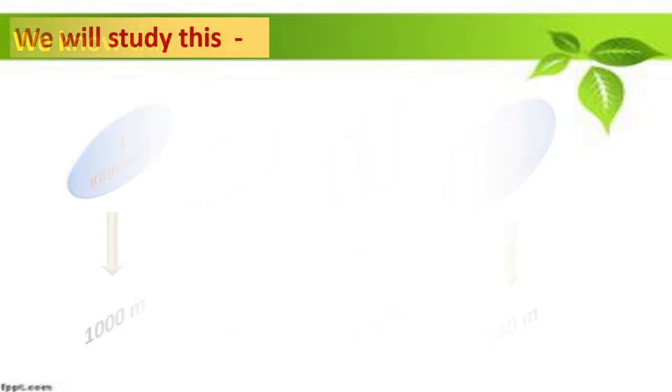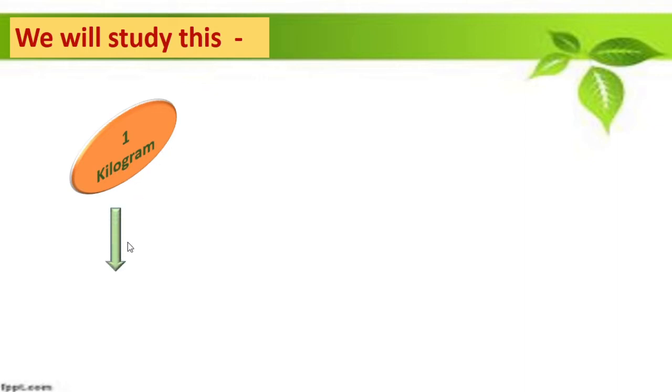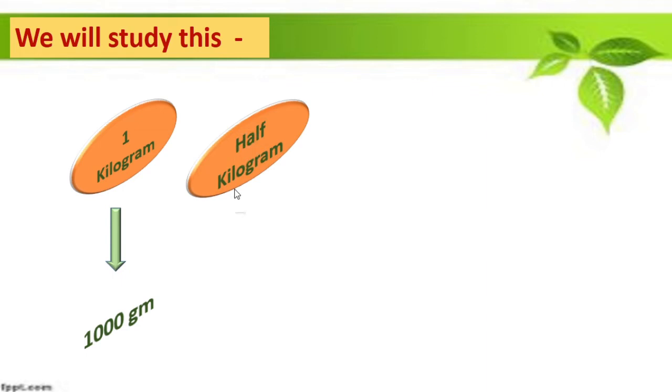Now we will study this. See here, 1 kilogram. Yes, 1 kilogram is equal to how many gram? You are right, 1000 gram. Okay, we write g also, gm also. Now, half kilogram is equal to how many gram? Half of 1000 gram is nothing but 500 gram.